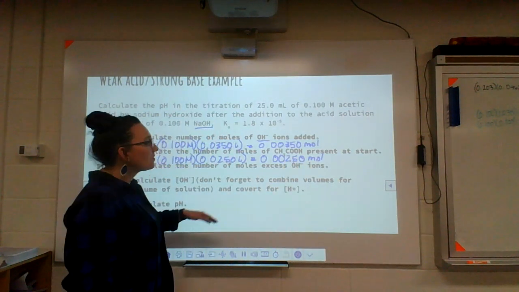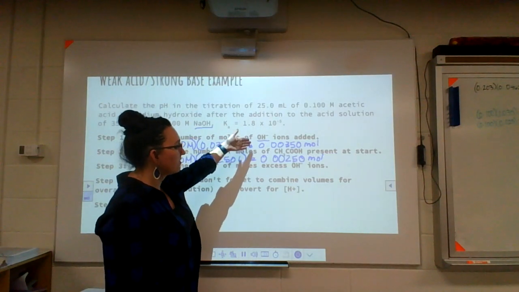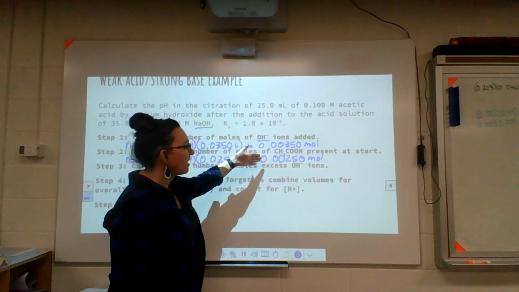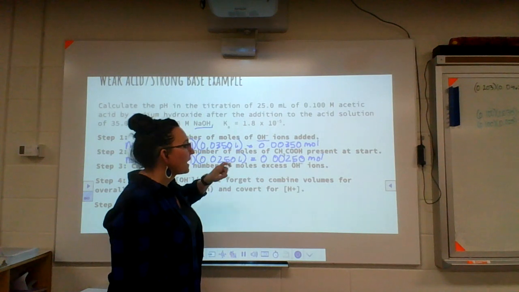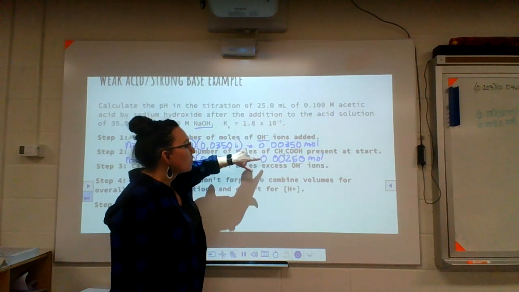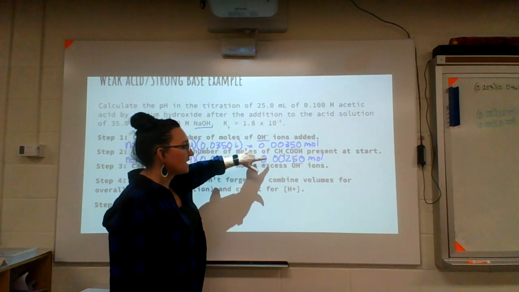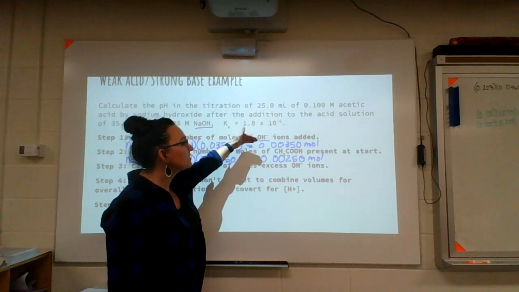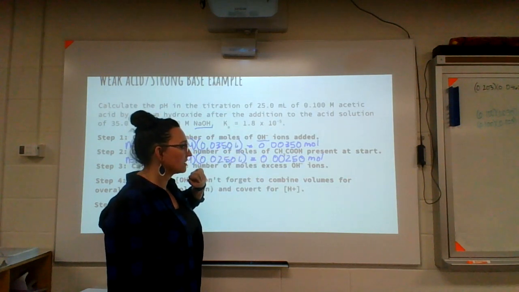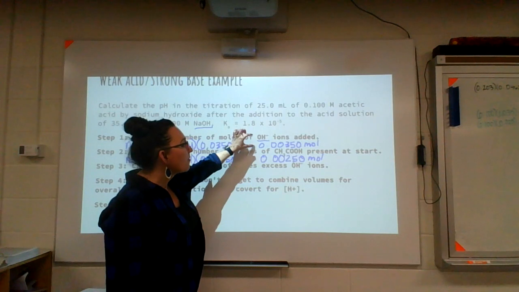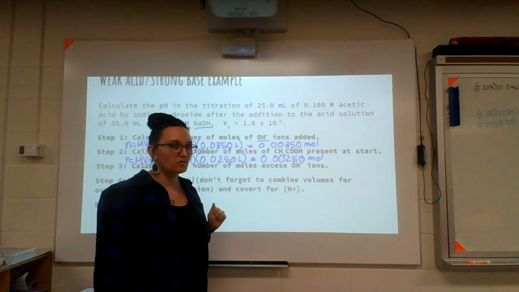And so we can see that we have more moles of the hydroxide ions than we have moles of our weak acid. And so this means that we're going to use up all of our weak acid, and we'll use up an equivalent amount of hydroxide ions, but we'll have some left over.